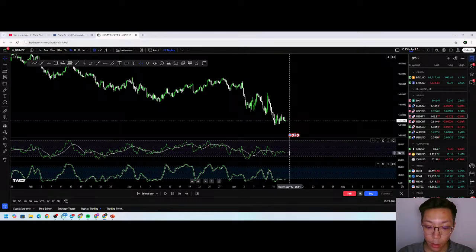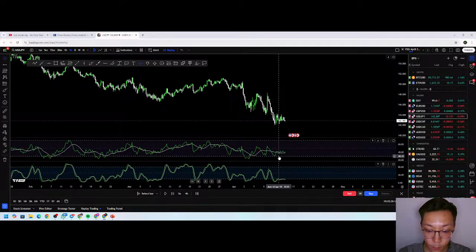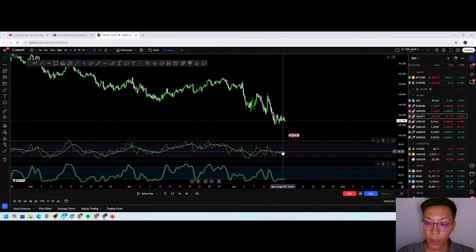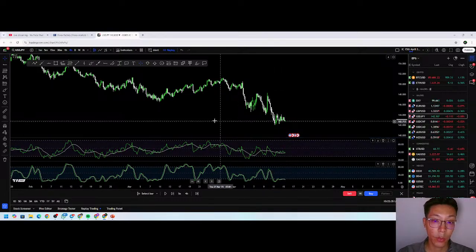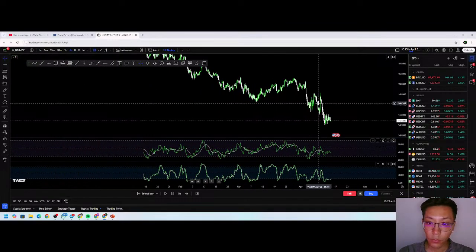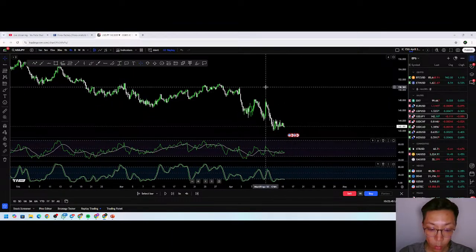The benchmark is this level over here, 50. If it's close to 50, generally you wouldn't want to trade, because 50 means that it's consolidating. It doesn't mean that it's overbought or oversold.